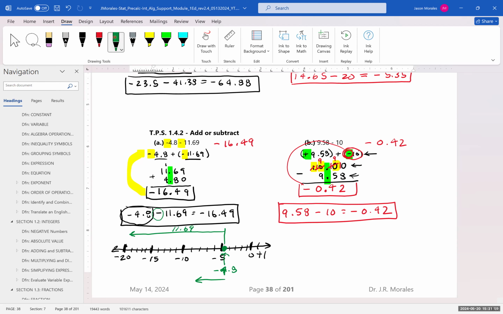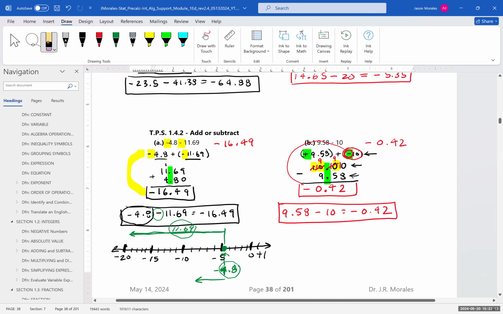If we add 4.8 and 11.69 together, we're going to end up right about here at -16.49.